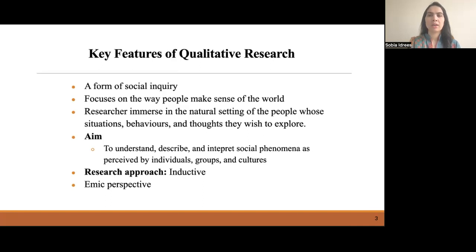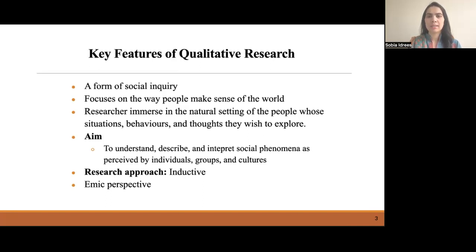Ethnographer researchers focus on culture, traditions, and customs, while grounded theorists investigate social processes and interactions. And phenomenologists consider and illuminate a phenomenon and describe the lived experiences of people, or the key informants.